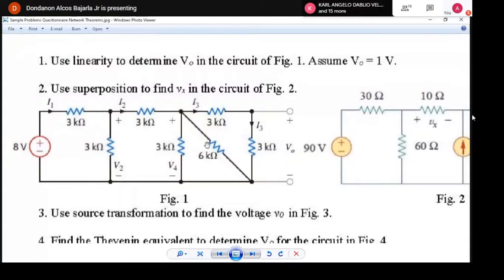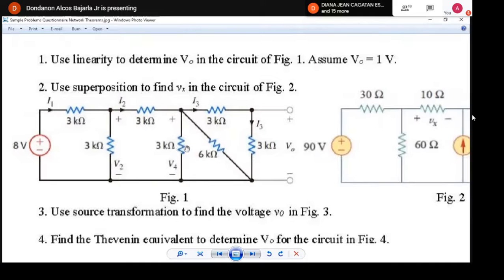With the assumed value of 1 volt, we'll work our way towards the source and determine the value of the source that will give an output of 1 volt at the output terminals. Using the proportionality principle, we'll be able to figure out the exact value of V sub O using the exact value of the voltage source, which is given here to be 8 volts.